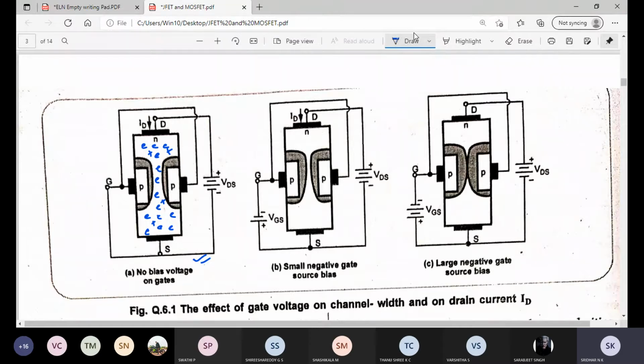These electrons should be pulled out to the potential here. So what type of biasing do I have to give here? It should be plus, correct? Am I right?